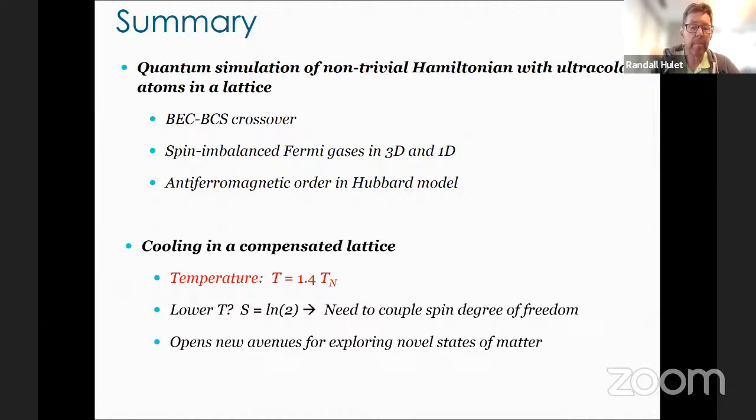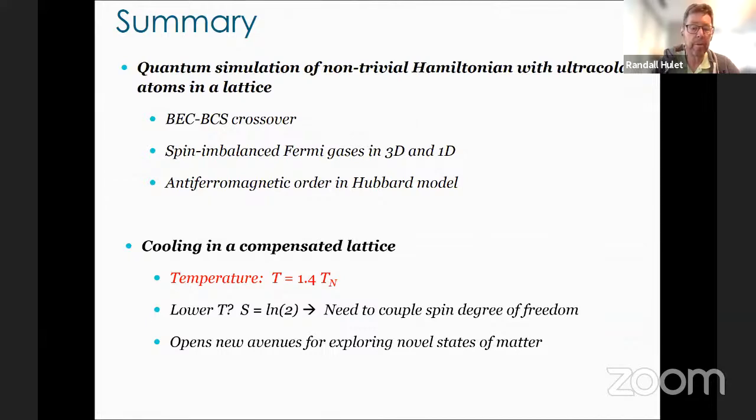So cooling in the lattice is really important. We talked about the idea of redistributing entropy. We talked about laser cooling directly in the lattice, or evaporative cooling directly in the lattice by using a compensated lattice to raise the chemical potential up near the evaporation threshold.